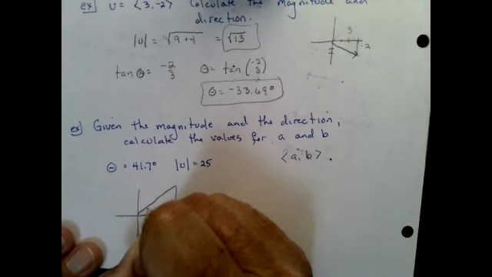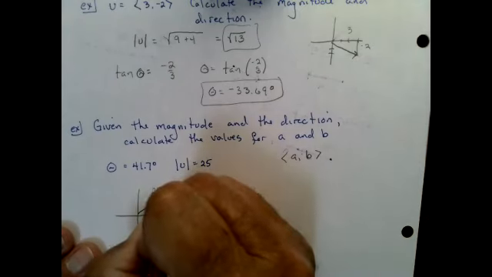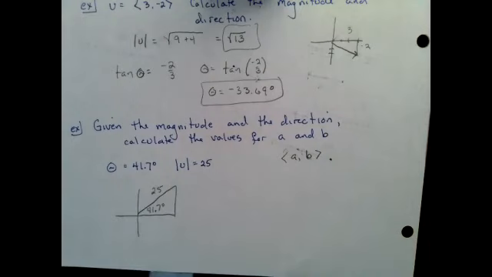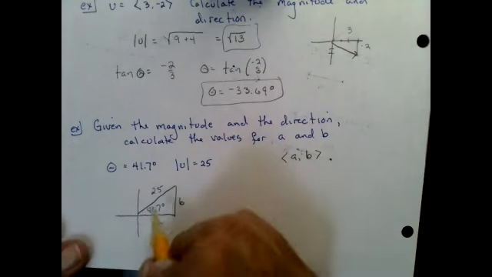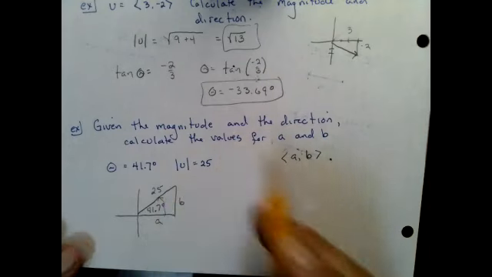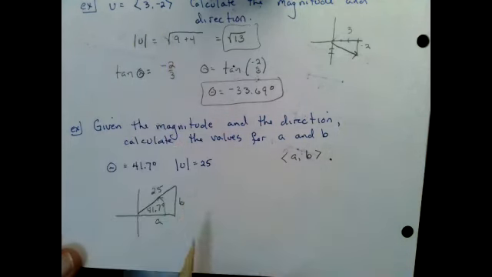I have 41.7 degrees. I have 25. This is A, this is B. So this time, instead of the horizontal and vertical components, I'm given the angle measure and the length.